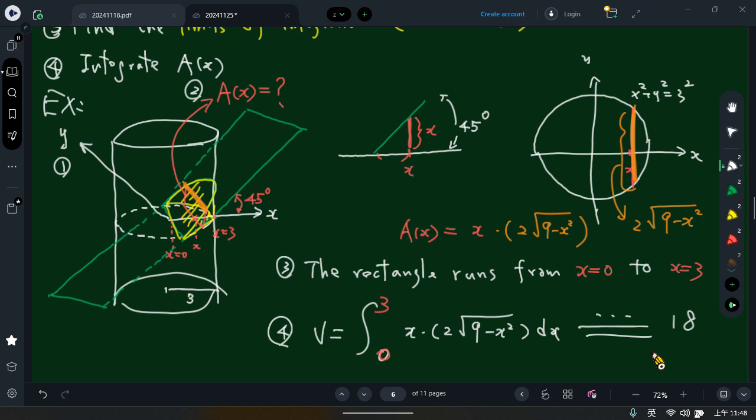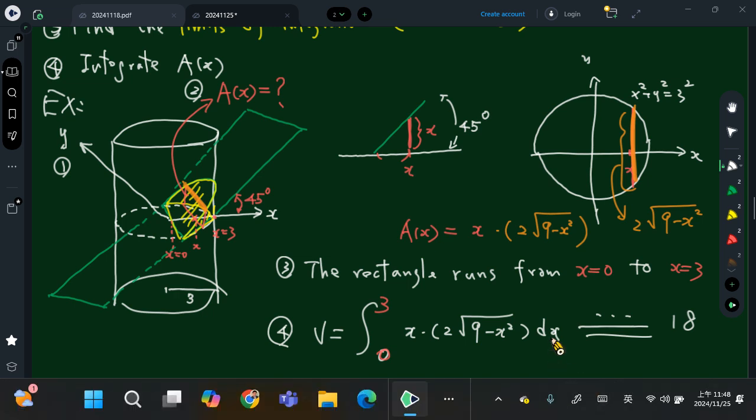Here you should try to use substitution for this part. Then you can just follow this formula, and get the final result 18.